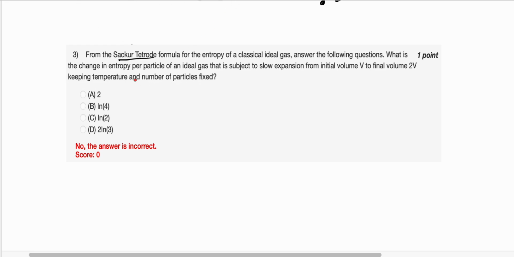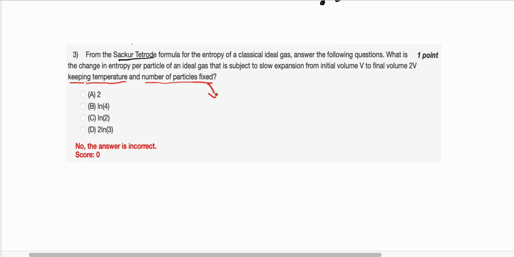You should notice this important thing, that you are keeping temperature and number of particles fixed while expanding the system.